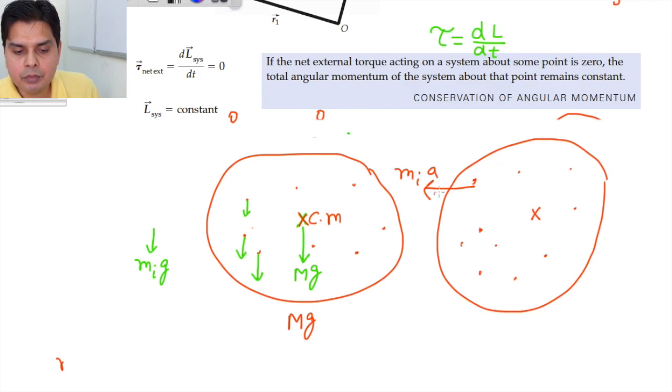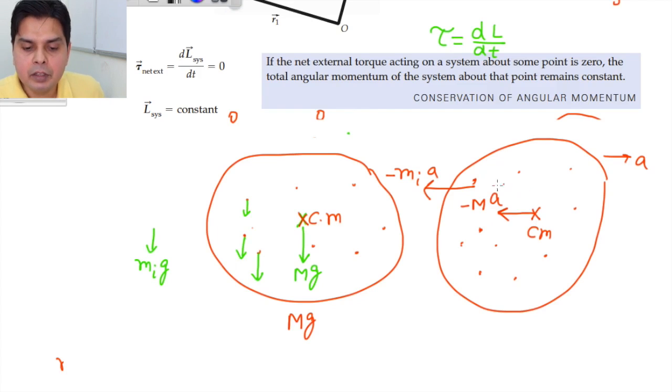Now the summation of these m_i A can be represented by a single force acting on the center of mass and given by MA. This will be minus if you take the vector form, because if your A is in this direction, the pseudo force will act in the backward direction. So the net pseudo force will be acting on the center of mass.